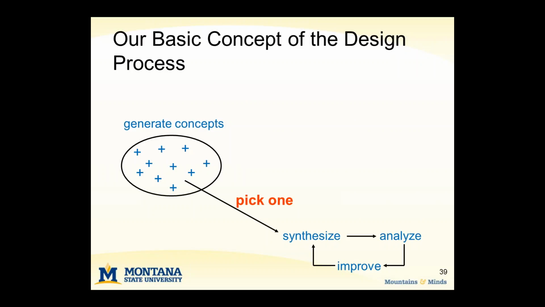And in this case, what happens is that, of course, we all want to generate lots of ideas for solving a given problem, but typically what will happen is we'll evaluate that in a preliminary way and choose what we think is the best or most promising alternative. We'll work on that alternative, add some detail to it, analyze it, look for ways that we can improve it, and we just go through that iteration process until we have met our design requirements.